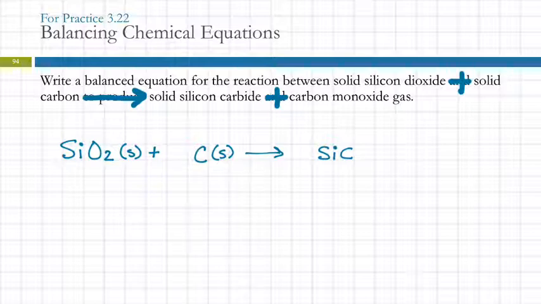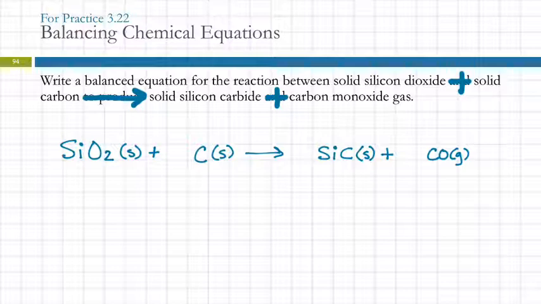She doesn't do that anymore, unfortunately. That's also a solid, so (s) here. And carbon monoxide gas, what's the formula for that? CO. Carbon with 1 oxygen, and that's a gas. Any questions so far? So there's our skeletal equation.